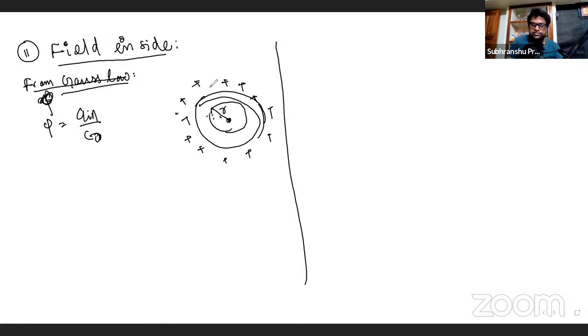Now you see, if this is the Gaussian surface, which is inside the sphere, let's say inside the football, and the charges are on the surrounding of the football. So inside the sphere there is no charge. That means inside this Gaussian surface there is no charge. So Q inside will be 0.